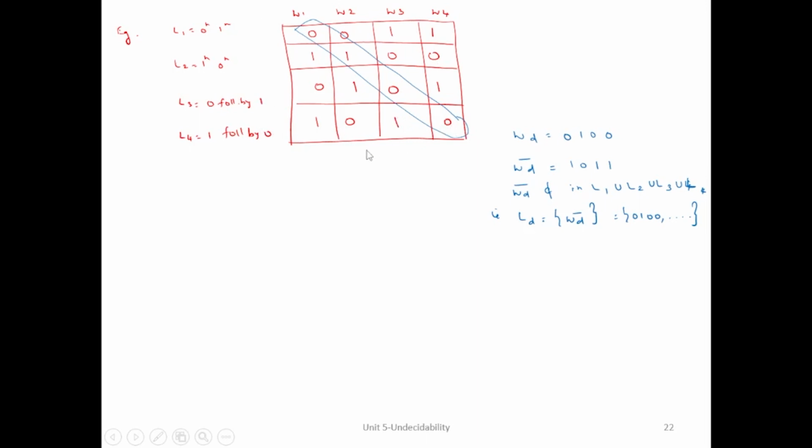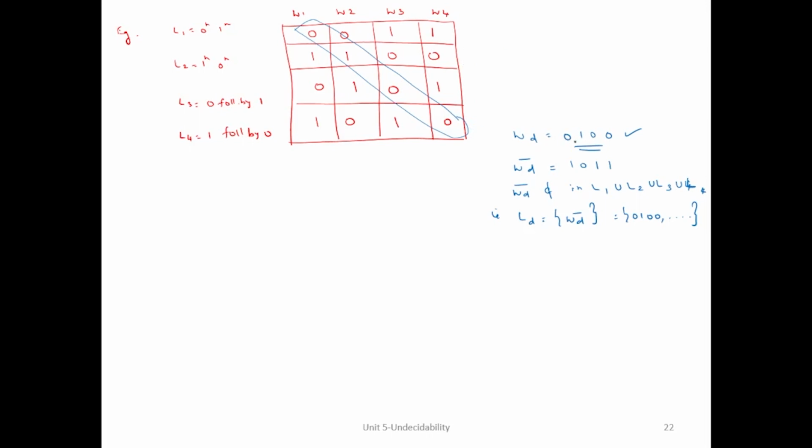So I frame a particular square matrix in which I want to write LD values. LD means a set of strings. How do you frame a diagonal value? You take the diagonal value of this matrix, which is 0100. So here I take the first string 0100. Then you should check whether this 0100 is accepted in L1, L2, L3 or L4.